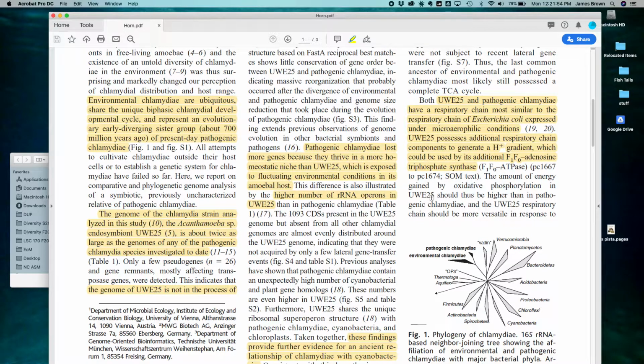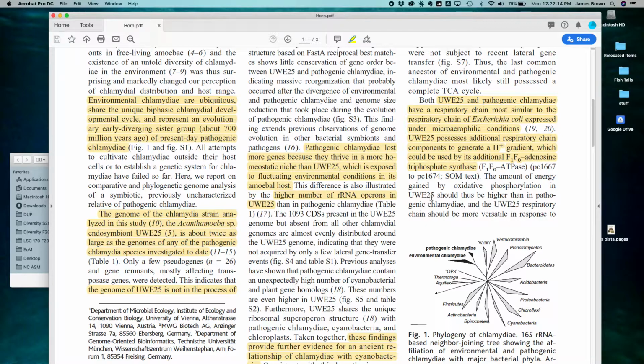They're able to sequence the genome of this thing. Although you can't grow it in pure culture, you can grow amoebas, infect them with chlamydia, and then physically separate out the elementary bodies from the culture media, and then isolate DNA and sequence the genome.